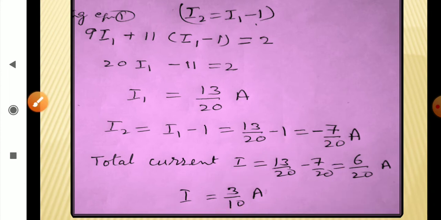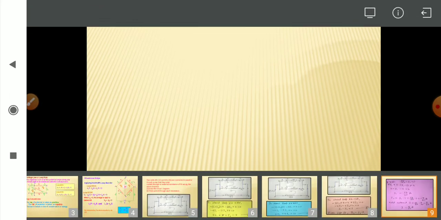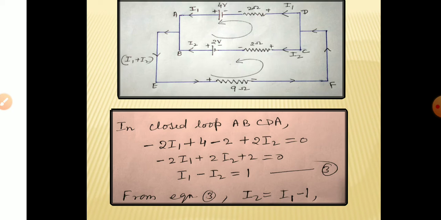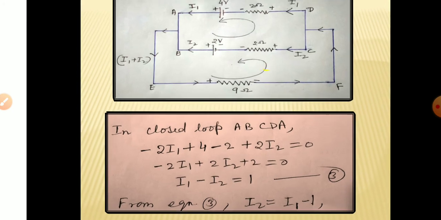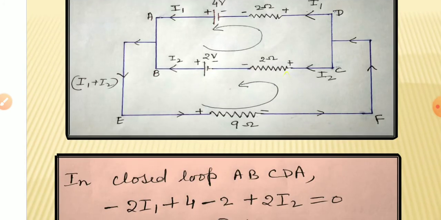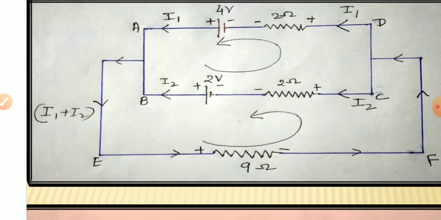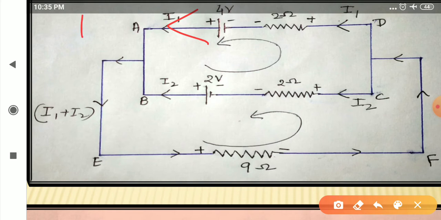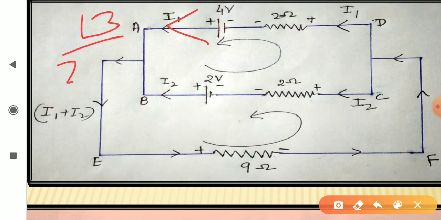So in this way, just by using the Kirchhoff's rules, we can find out current in any segment. See, I'll just take this diagram once again. If you look at it, this current comes out to be 13 upon 20 ampere. This current is negative, that means this way.